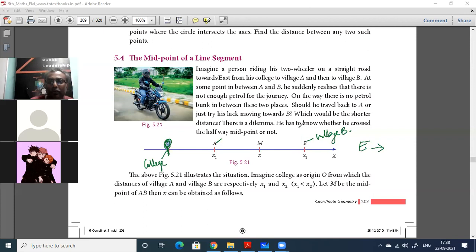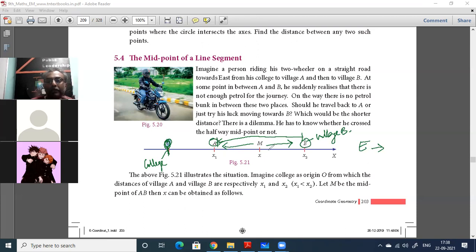There is no petrol bunk between the two places A and B. Should he travel back to A or just try his luck and move towards B? Should he continue to move like this or go back to village A and stay? Petrol bunk is either in village B or in village A, but no petrol bunk in between.